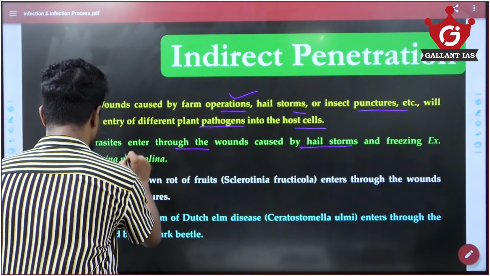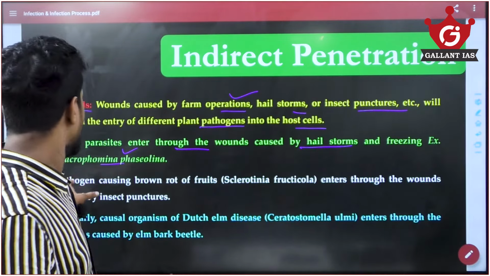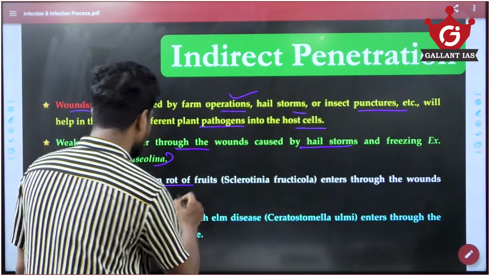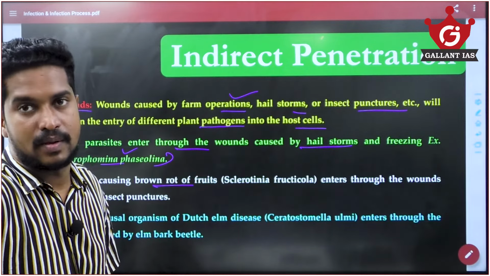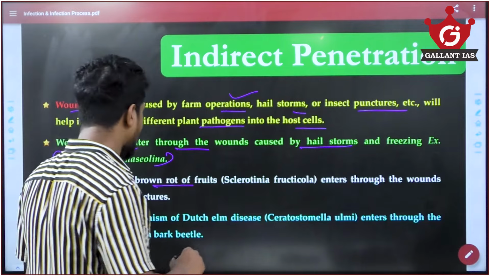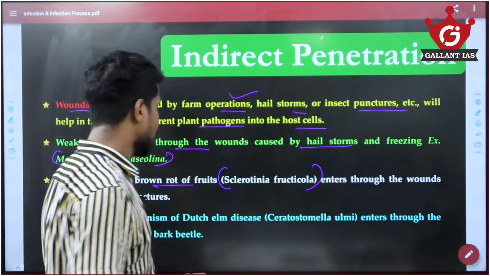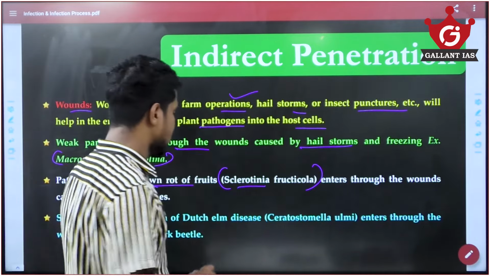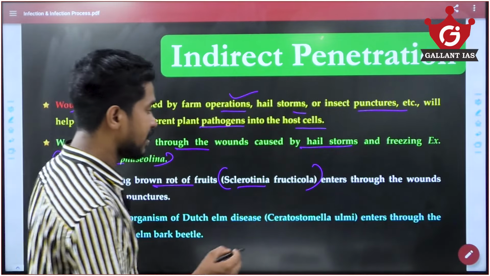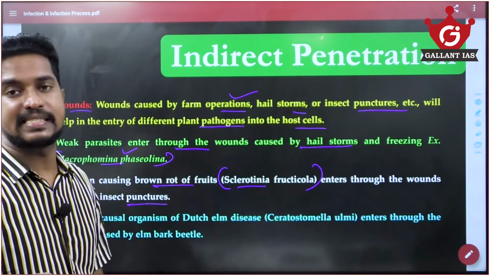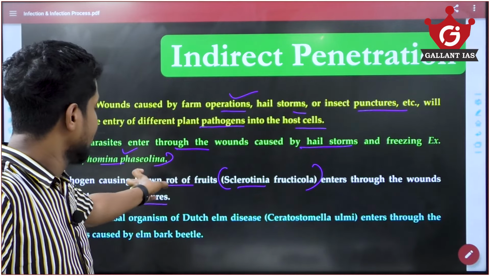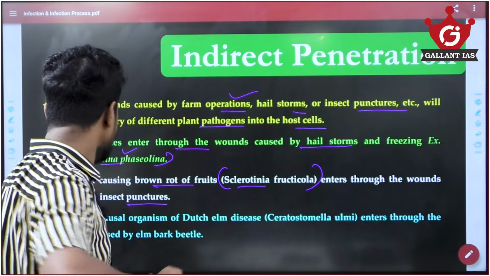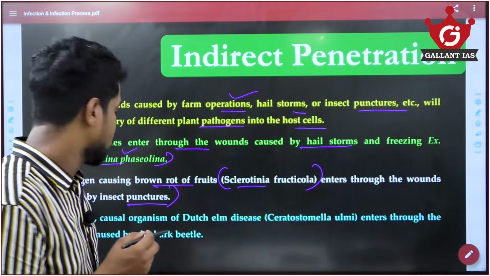Example: the pathogen causing brown rot of fruit, Sclerotinia fruticola, enters through wounds caused by insect punctures.